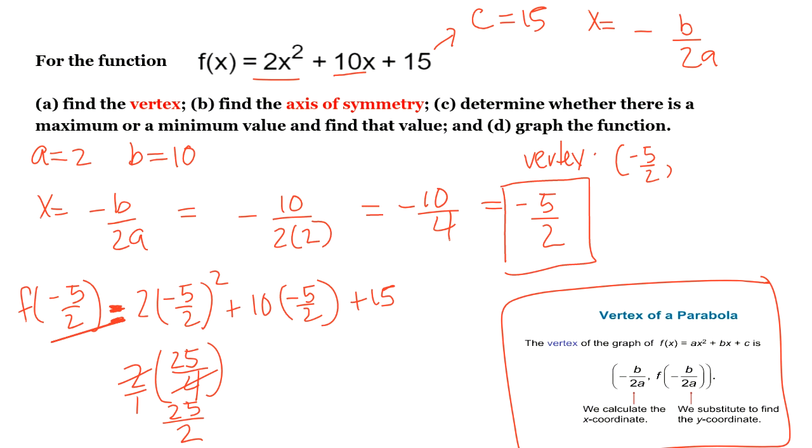And then the next one, I can use a different color. 2 into 10 is 5, so that gives me a negative 25 plus 15.